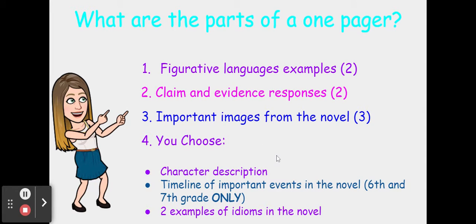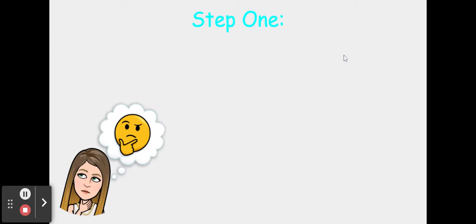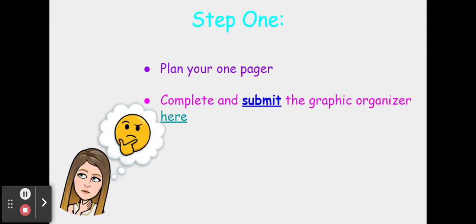Okay, so the next thing, what do I do first? What's my first step? Okay, well, first you're going to plan your one-pager. Okay, and you need to complete and submit a graphic organizer. And we started kind of working on that yesterday. So here's what the graphic organizer looks like.